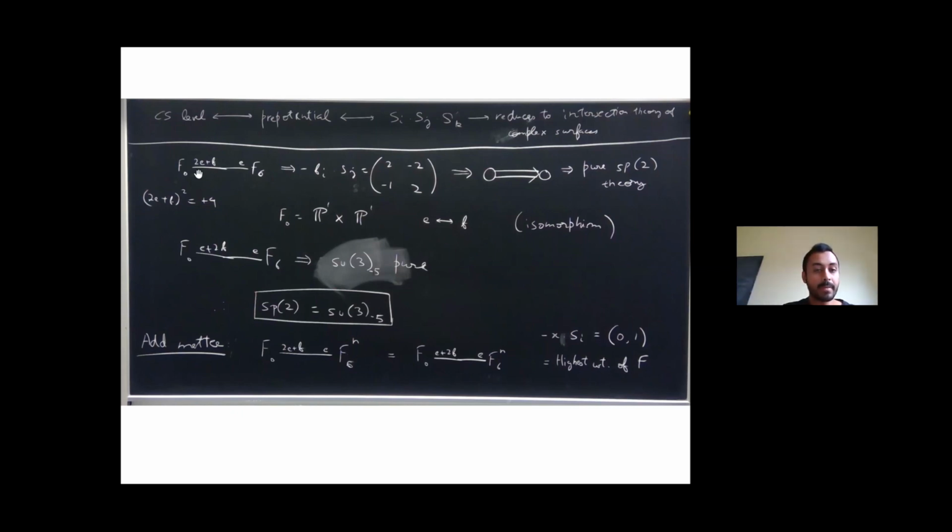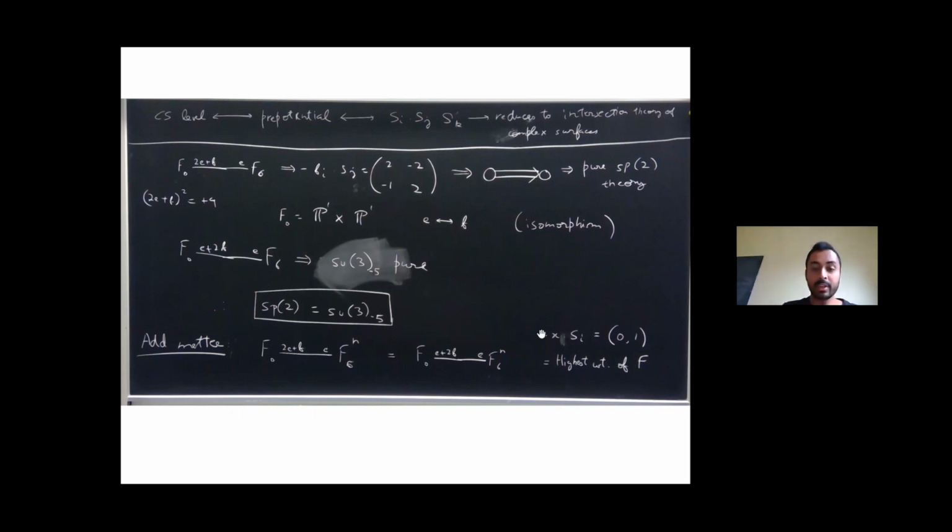If I look at this geometry for pure sp2 gauge theory, which I'm reproducing here, and I add n blow-ups on F6, then you want to see what representation in the gauge theory is induced by these blow-ups.